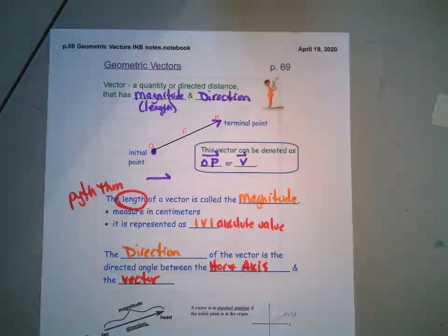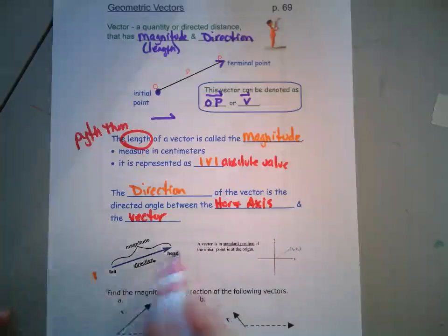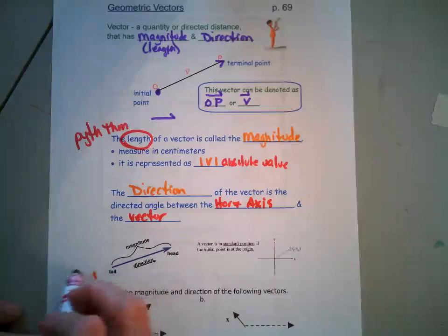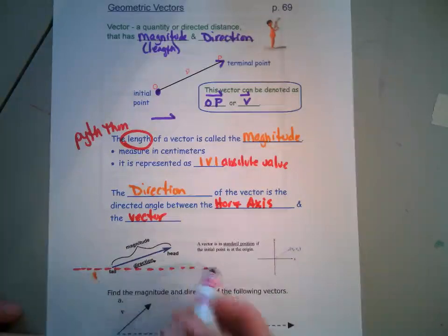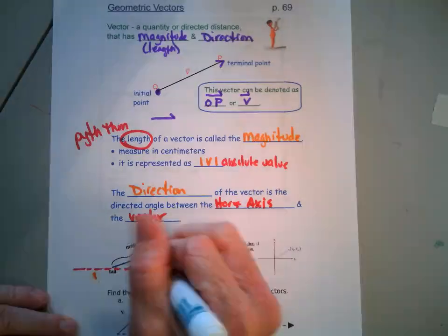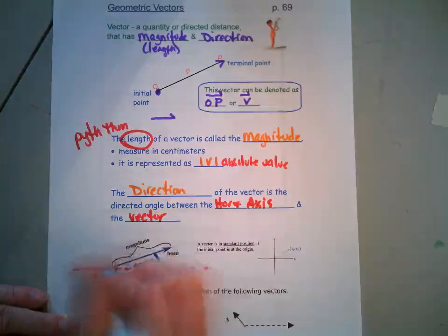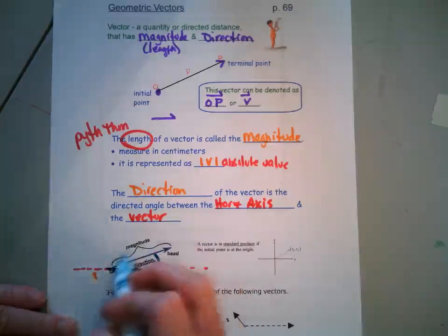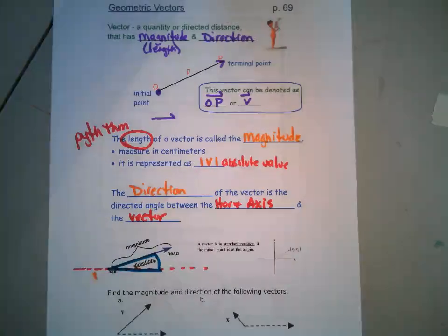So when you look at this vector, the horizontal is here. And so the direction is going to be that angle that's created between the horizontal and the vector itself. So what is that angle? That's what we refer to as the direction of the vector. So is it going 30 degrees? Is it going 285 degrees? You know, what's it doing?